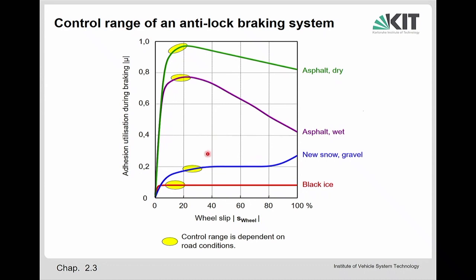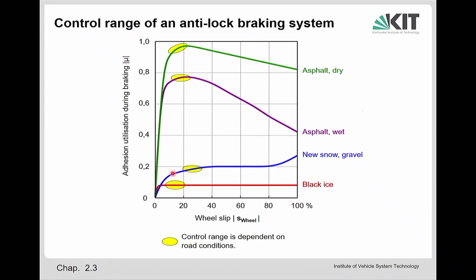But anyhow, we want to operate here because we do not want to have a very large slip. Then maybe we come back from snow to an asphalt road, and then we need to change the slip completely, and this needs to be pretty fast.